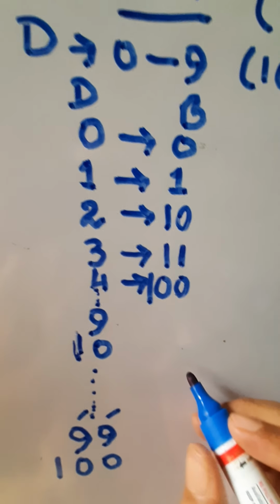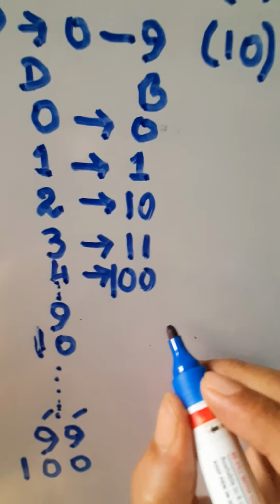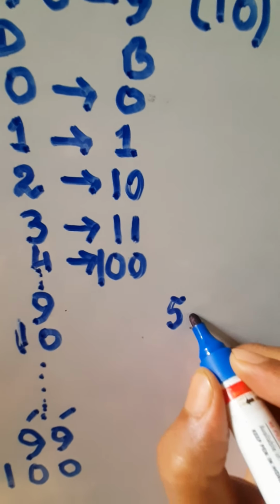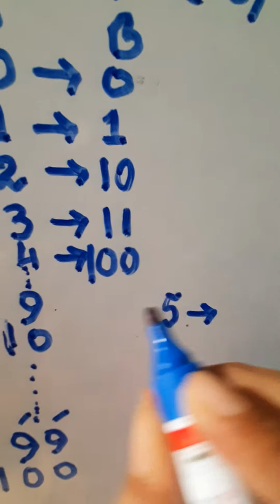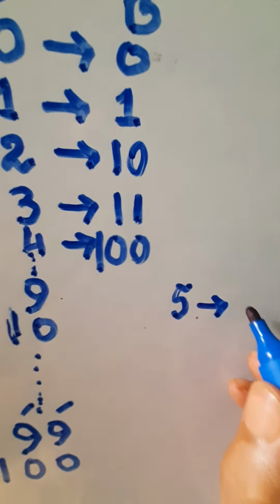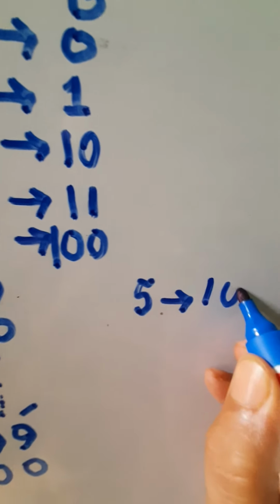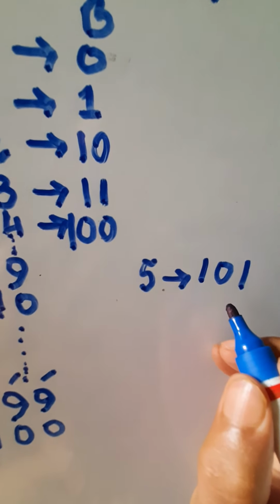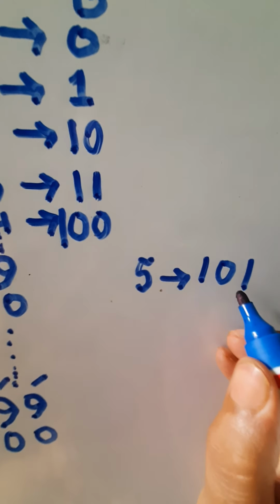Now the question is, what will be 5 and 6? Let us write here. What will be 5 in decimal? So 10 and we can put 1 here. So that will be 5. Now this is completed.